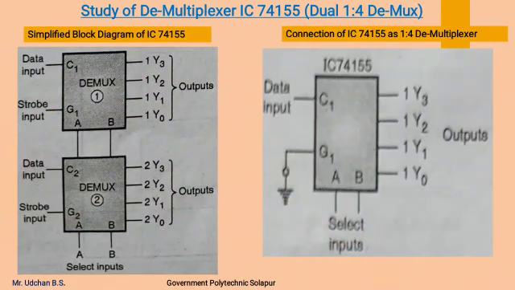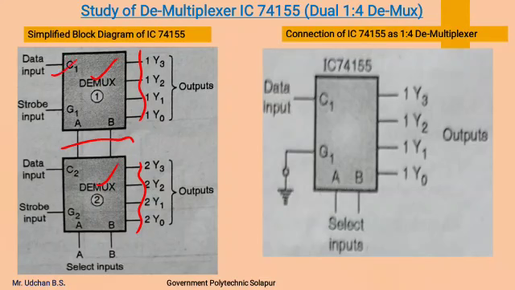This is how a simplified block diagram can be seen in the IC 74155, which contains two 1:4 demultiplexers, this one and the second one. Here the common select lines are available for both these demultiplexers. These are the 4 output lines of the first demultiplexer. These are the 4 output lines of the second demultiplexer.